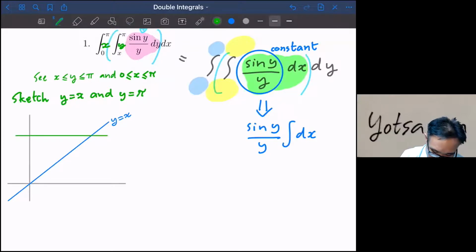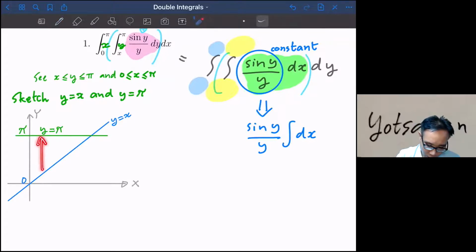So you get pi, you get 0. In this case, this one is y, this one is x, and you have the region from y equals x to y equals pi.